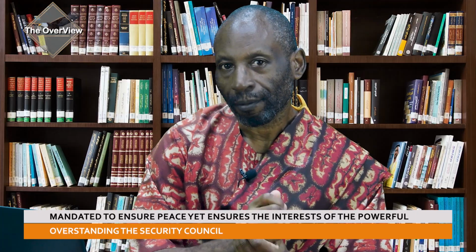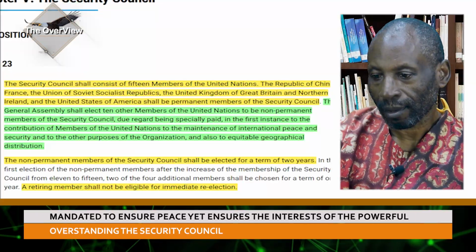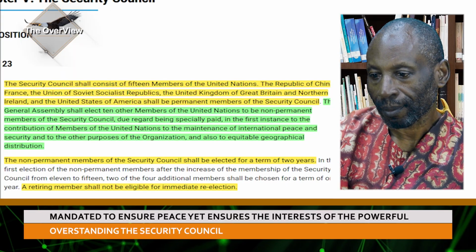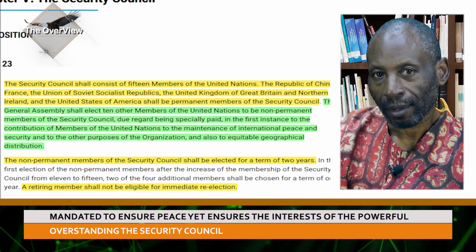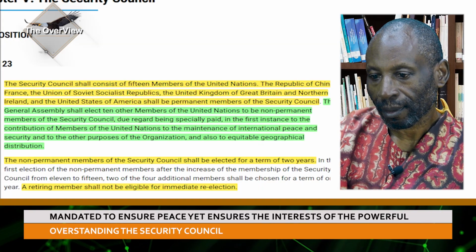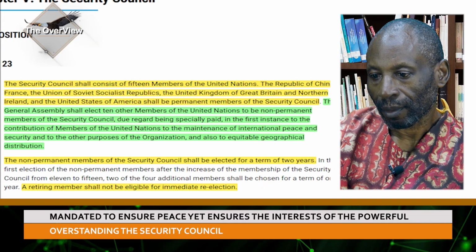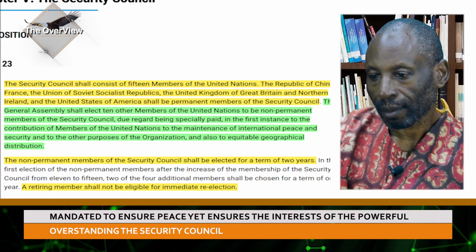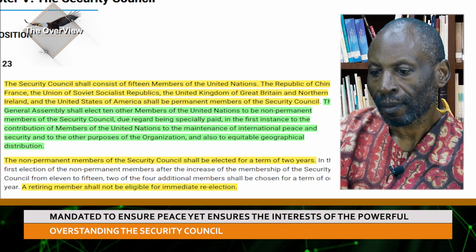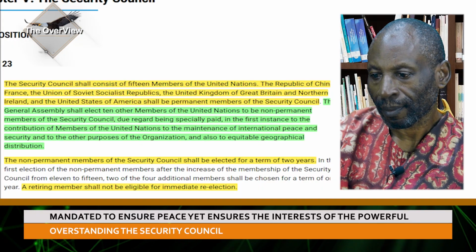Okay. So in terms of the Security Council, that's its purposes and its role within the United Nations. But in terms of who the members are and what it consists of, there are 15 members of the Security Council. Out of these, 5 are permanent members. These are China, France, Russia, the United Kingdom, and the United States.